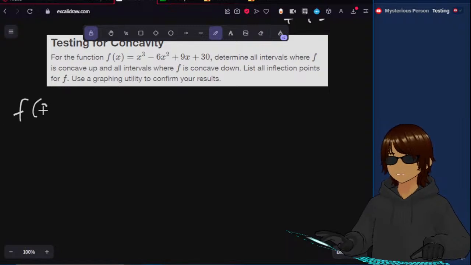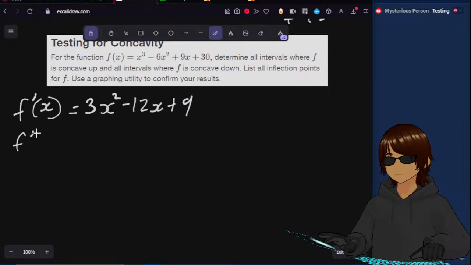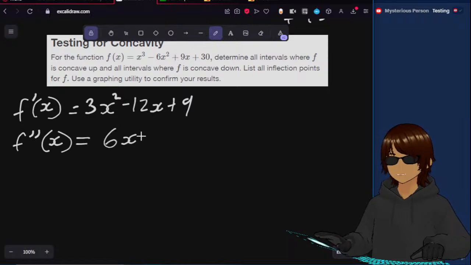f, the derivative is 3x squared minus 12x plus 9. The double derivative is 6x minus 12.